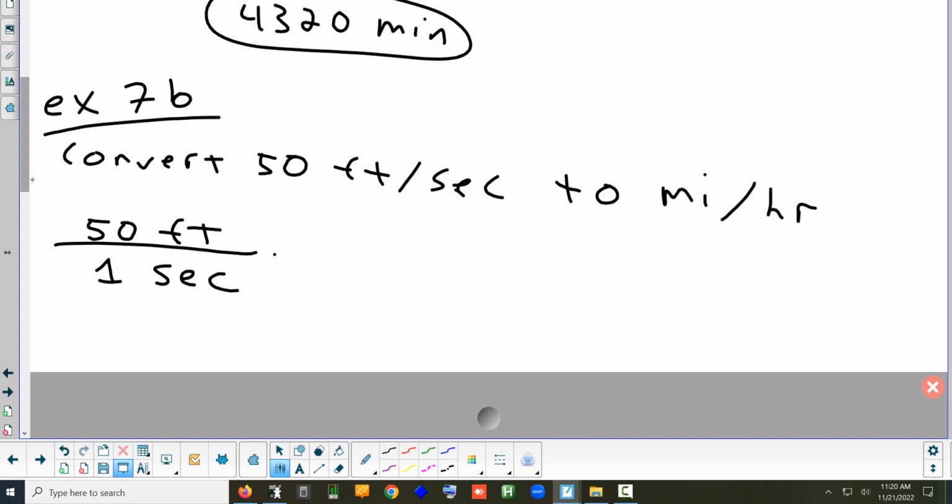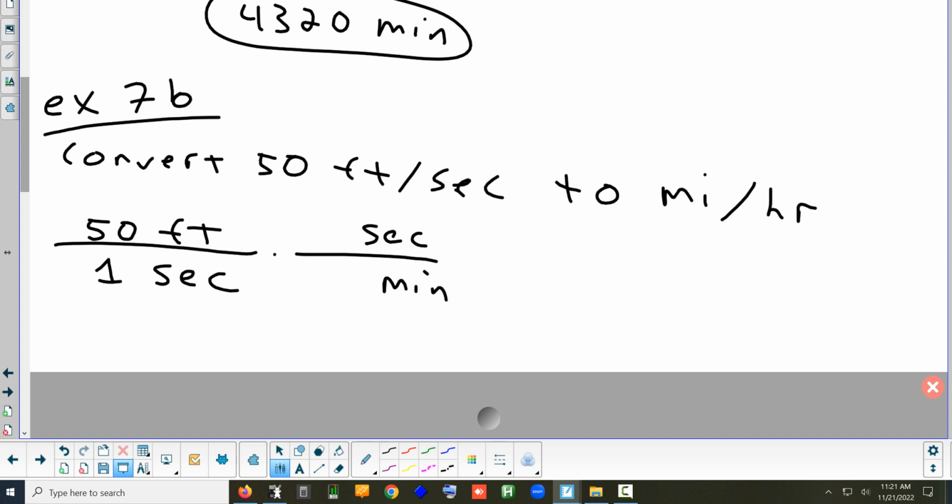What part of the rate do you want to work with first, the feet or the seconds? Seconds? Okay, so we need to get seconds to hours. Where would seconds go to cancel out where it is now? Top. And what's the next unit up from a second? Minute.